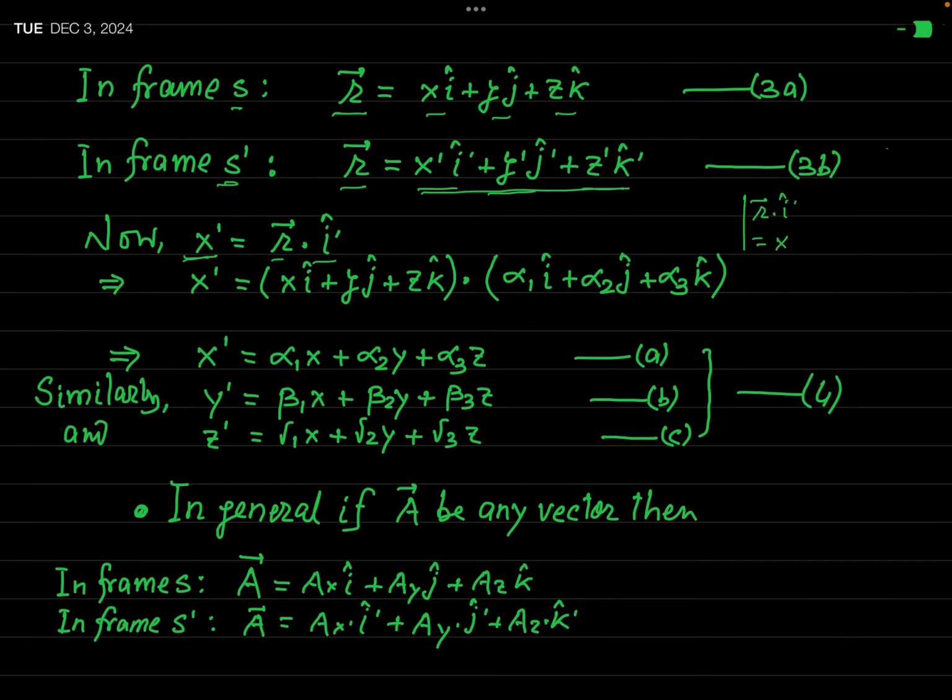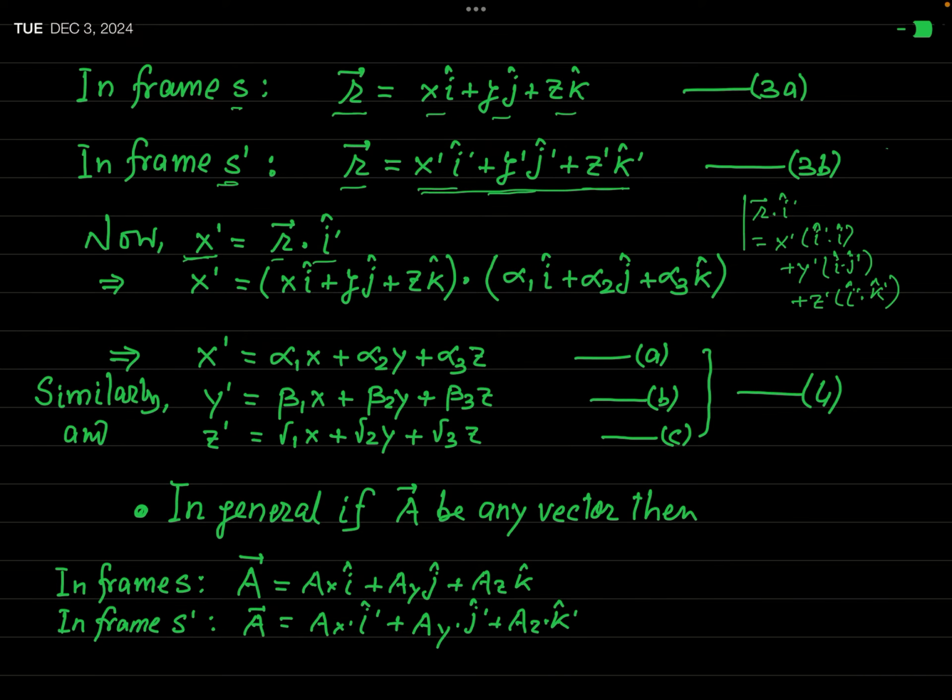So this will be x prime i prime dot i prime, okay, plus y prime i prime dot j prime, okay, and plus z prime i prime dot k prime. But you know, i dashed, j dashed and k dashed, these are orthogonal unit vectors.